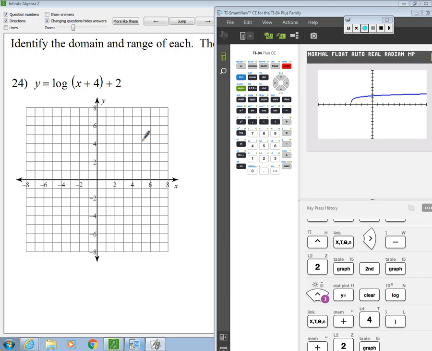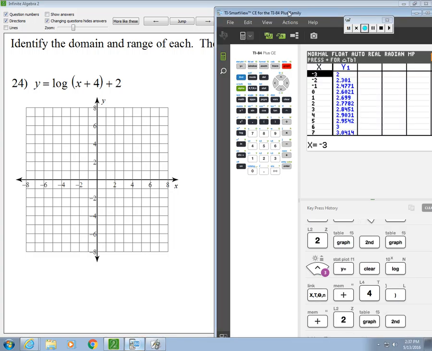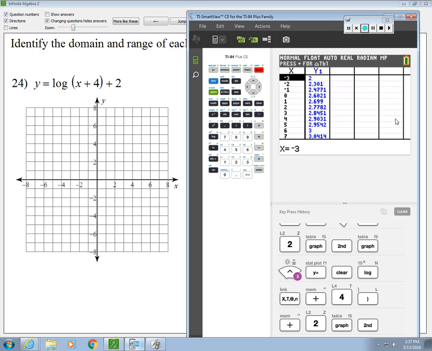Now, how can I find some points to plot? Second graph. Okay, so we have a point at -3, 2, so left 3, up 2. We have a point at -2, 2.3. We have a point at -1, 2.4. Okay, we have one at 0, 2.6.